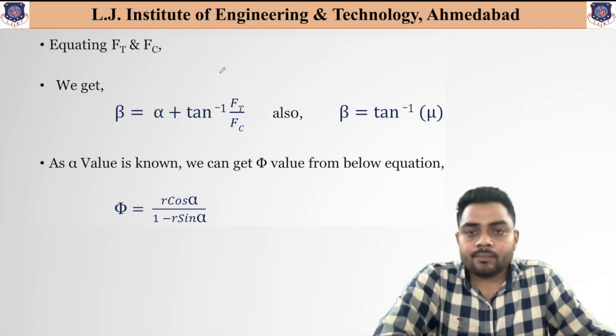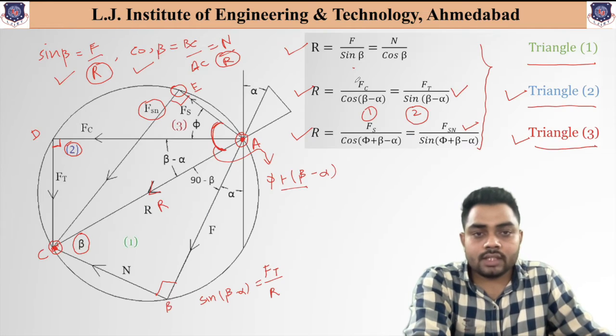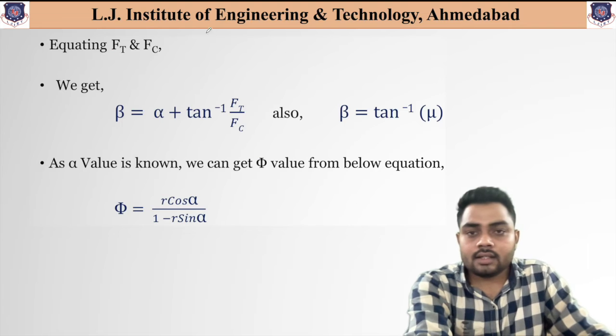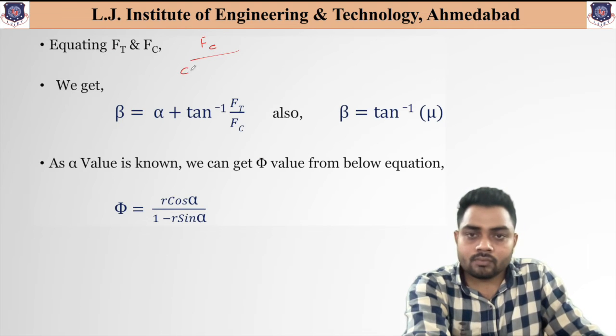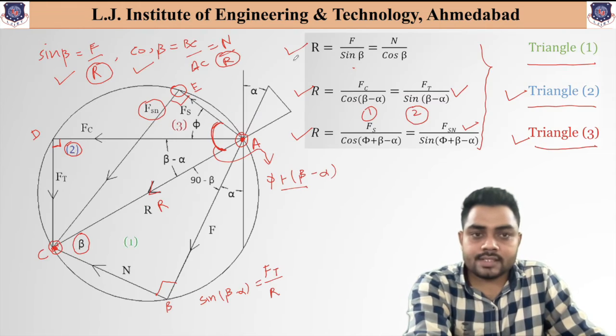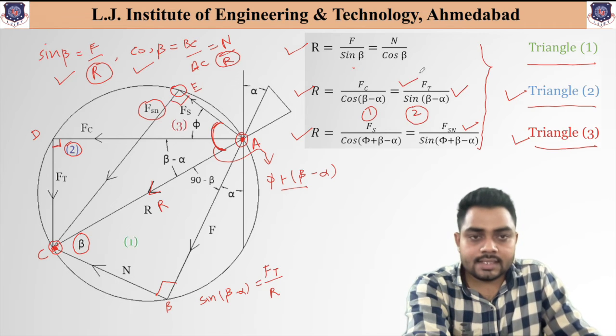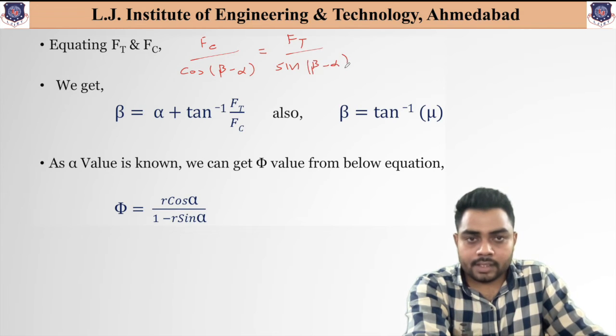If we compare those two equations, what will we get now, as you can see over here? First write Fc cos of beta minus alpha, that is equal to, as you can see over here, Ft sin of beta minus alpha.